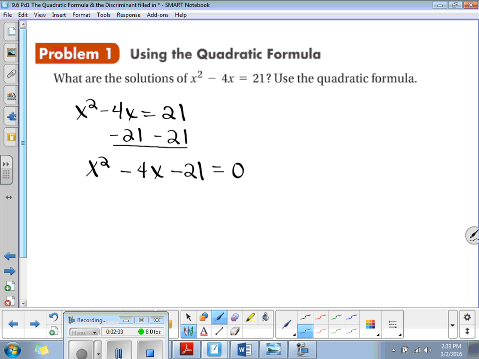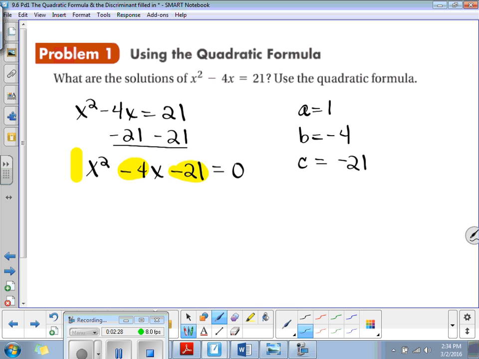Looking at that equation, there's our a, there's our b, and there's our c. So a is equal to 1, b is equal to negative 4, and c is equal to negative 21.